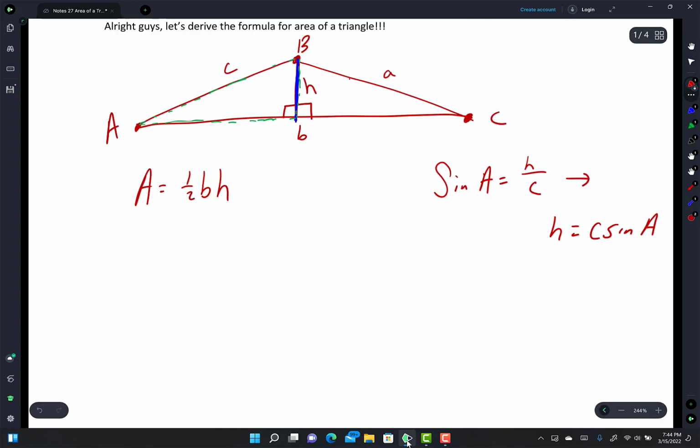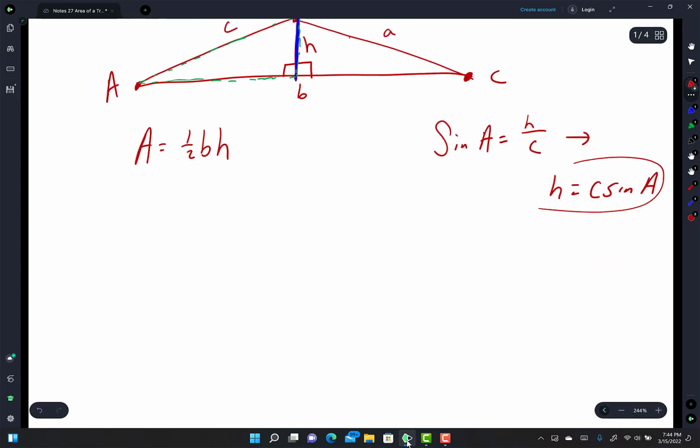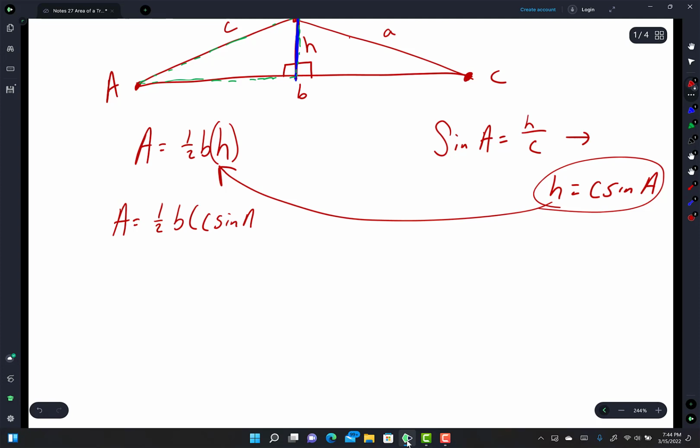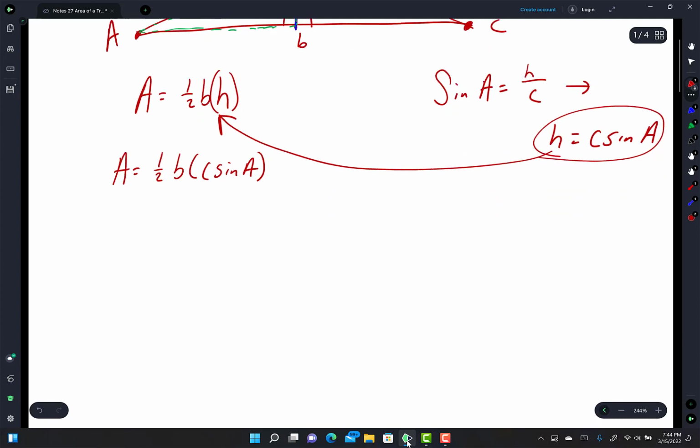If I substitute that for this h right here, I can rewrite this equation as area equals 1/2 b times c sine A. Technically you don't need those parentheses, so you can just say 1/2 b c sine A.